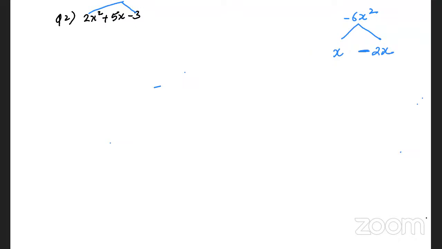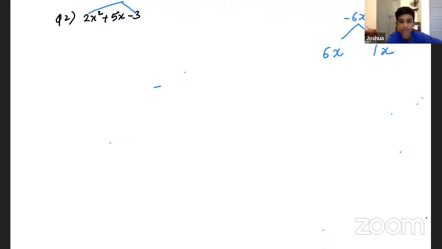If I write like this, will it be good? I'm just thinking. 6x into x, 6 ones are 6. Yes or no? So if 6 ones are 6, can I write the minus sign in front of 1 or 6? Tell me, because I need the answer in minus 6x square. No? So now you tell me where I will put the minus sign.